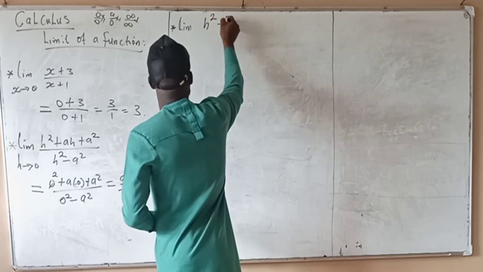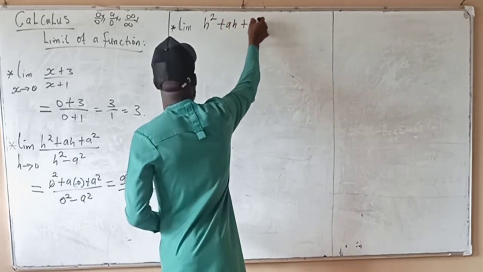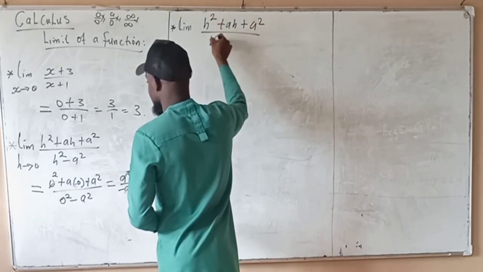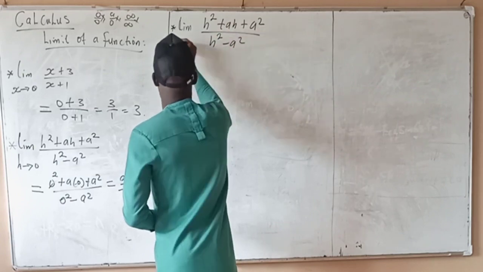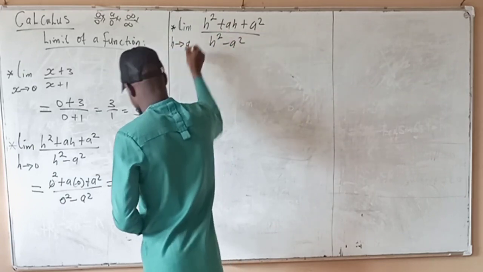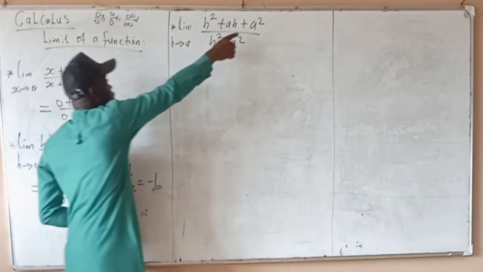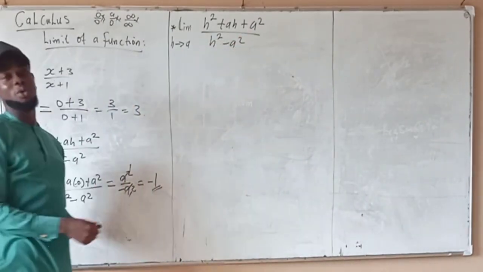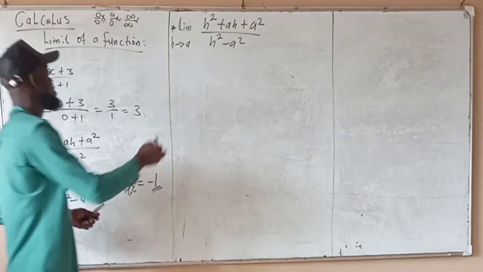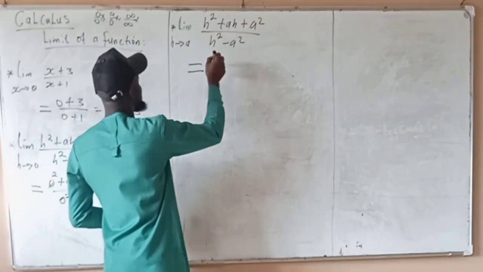Then we have the limit of the same function, h squared plus ah plus a squared all over h squared minus a squared, as h approaches a, not 0 again. If h approaches the constant a, what is going to be the value of this limit? First thing, anywhere you see h, you put a.